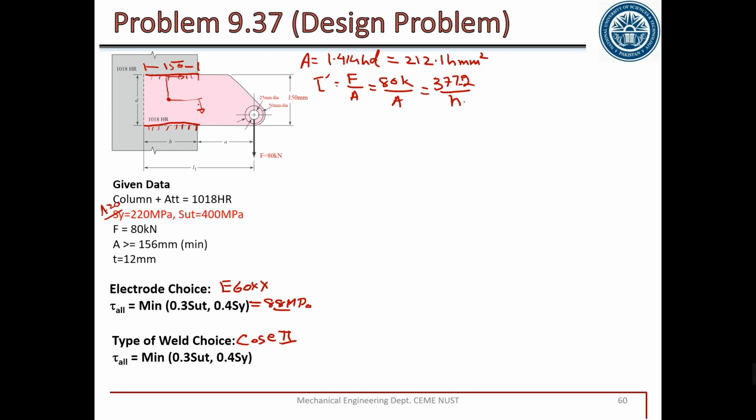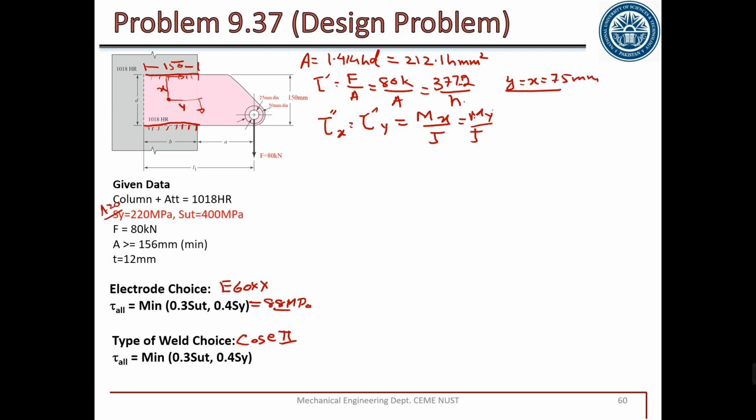Secondary shear x is equal to secondary shear y, which is equal to moment into Mx by J, or My by J. Take this distance as y and this distance as x. In this case, y and x are both the same: y equals x, which is half of 150, equal to 75 mm.